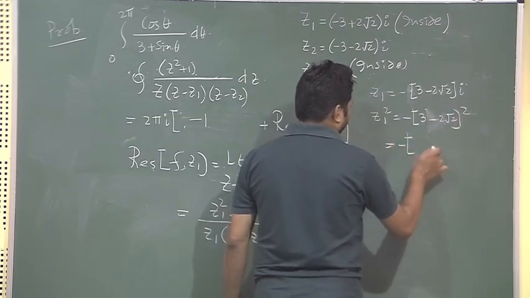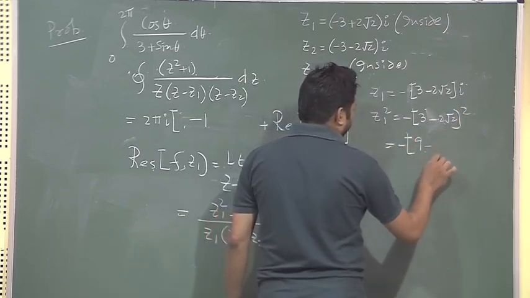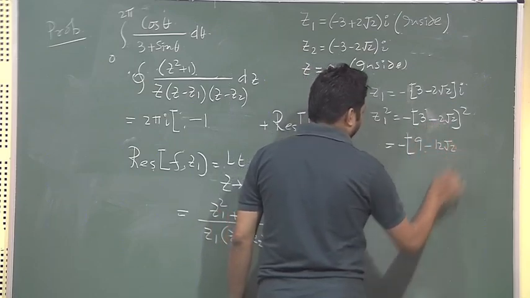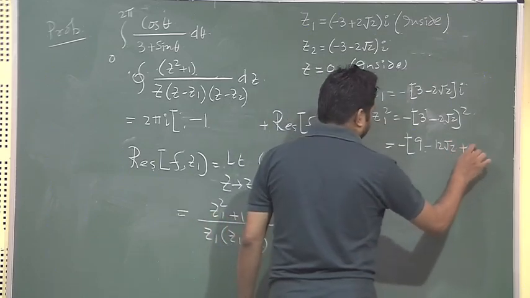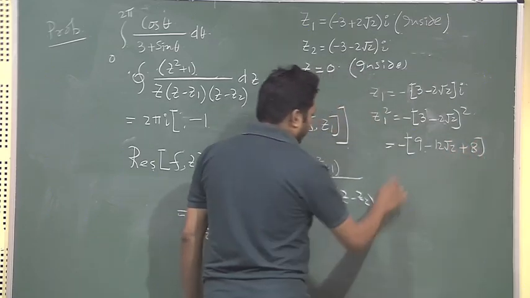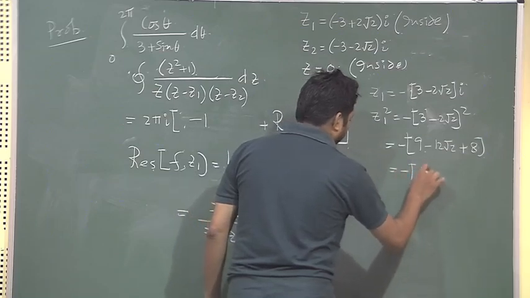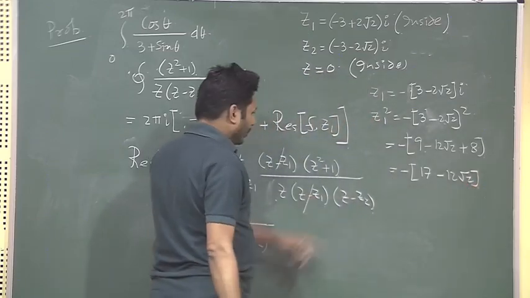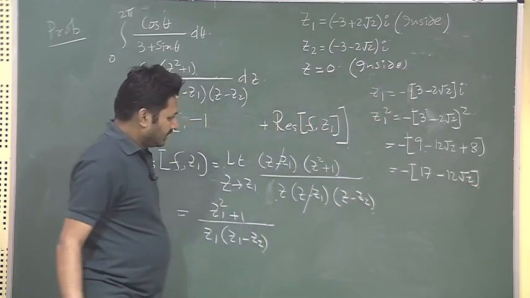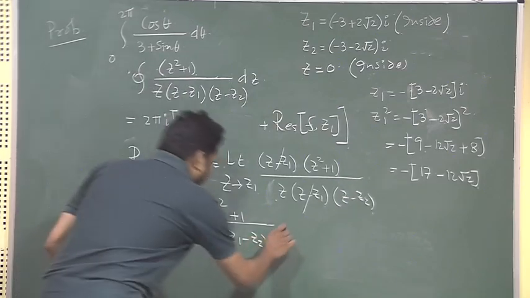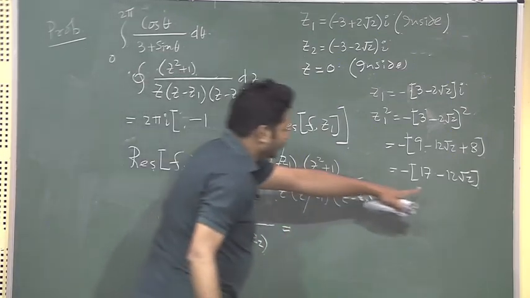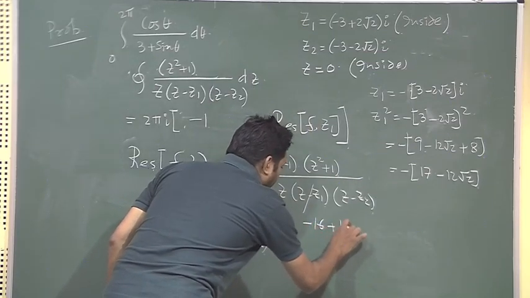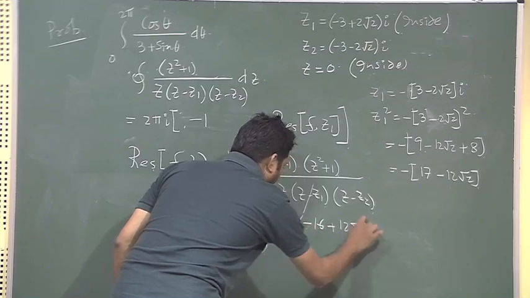So, minus of 9 minus 3 into 2, 12 root 2 and then plus 8, and I will have then minus of 17 minus 12 root 2. So, z square plus 1, I need to make a plus 1 here. It seems to be minus of 16 plus 12 root 2. I am getting this quantity.